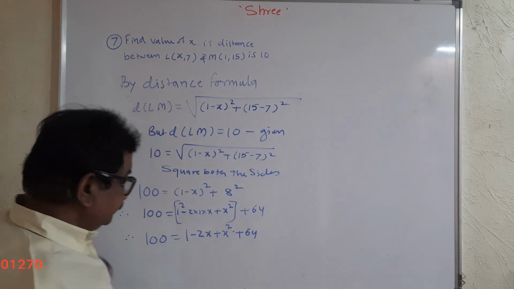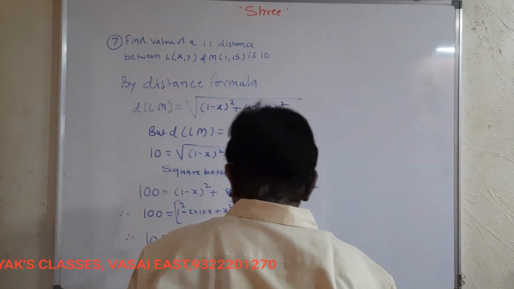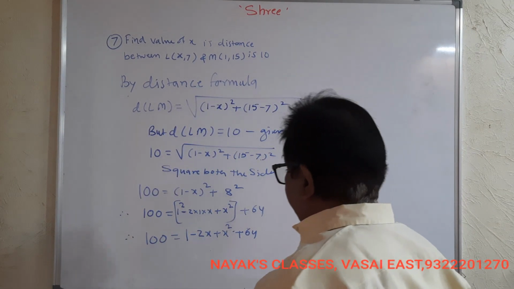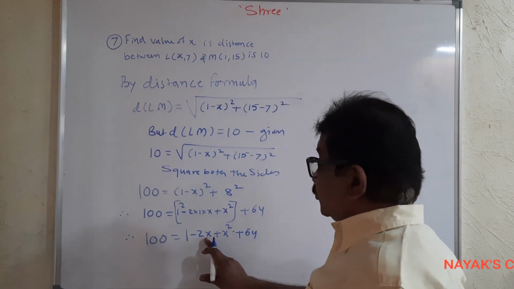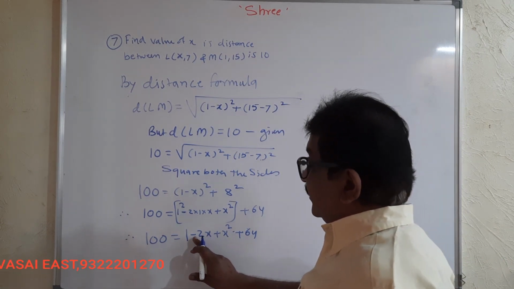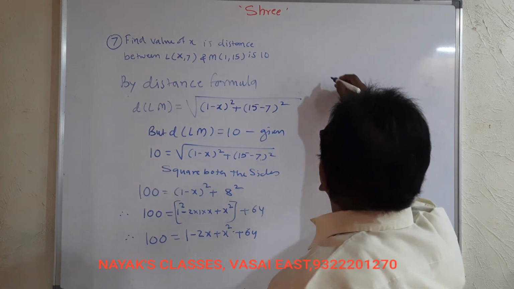Come this side. So it will be x square minus 2x minus 1. We can write like this.